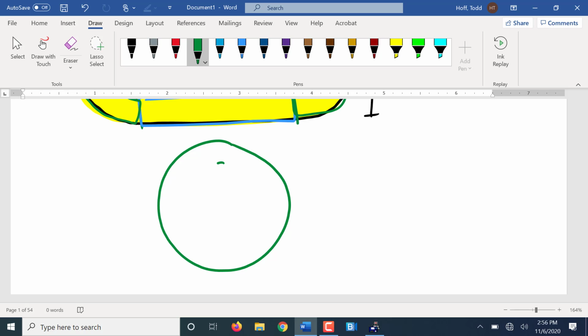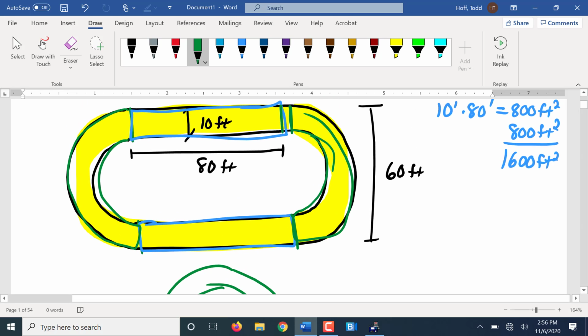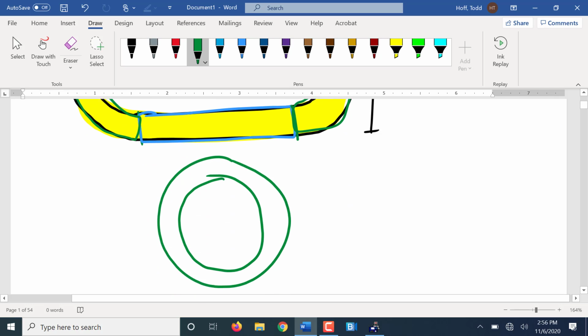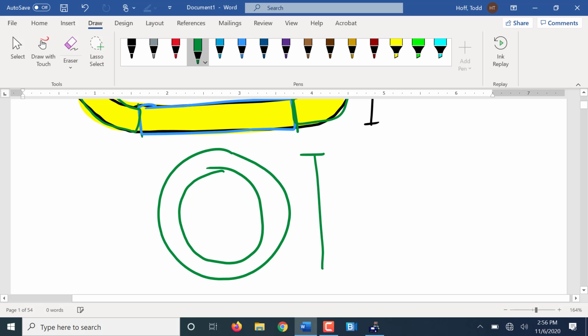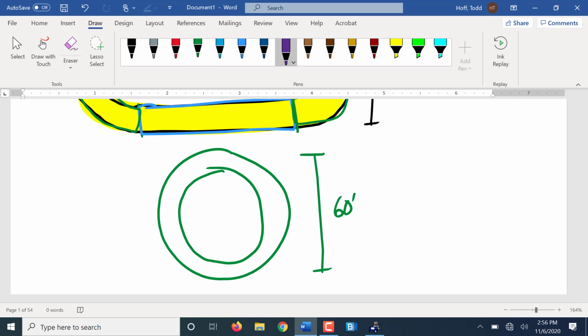Well, careful. It's still just going to be 60 feet across, right? Not 60 squared, but 30 squared. Which gives us what for that big area?